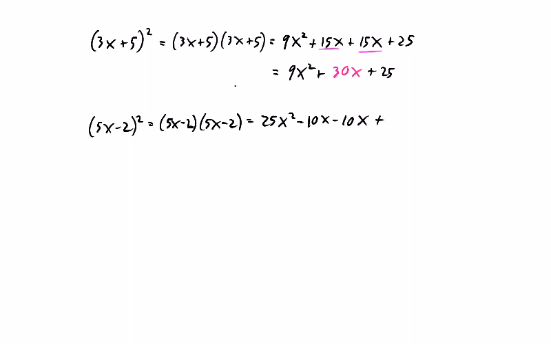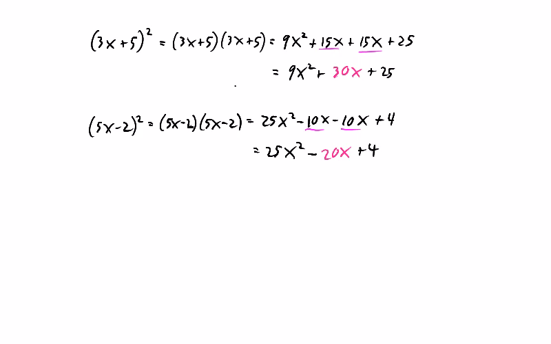And then the final term would be plus 4. So note, we have minus 10x and minus 10x, so that appears twice. So this would simplify down to 25x squared minus, in this case, 20x plus 4.